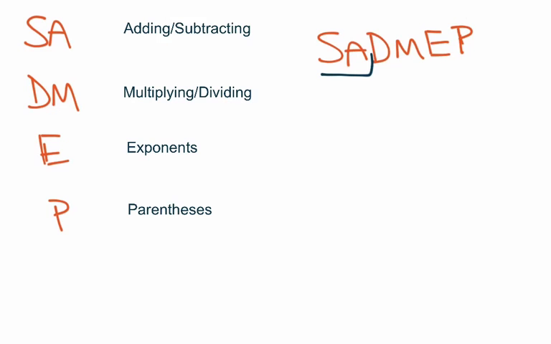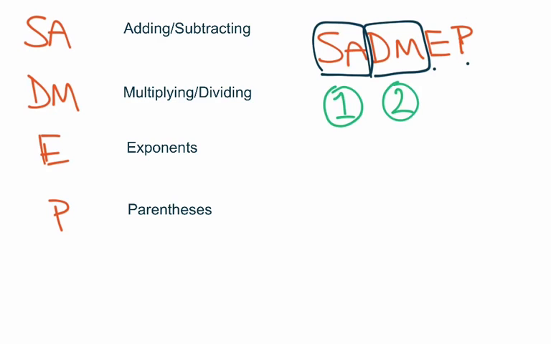So now we're starting with addition and subtraction, then division and multiplication, then exponents, and then parentheses. Notice how it's the exact opposite order. So when there's a subtraction or addition in the problem, we're going to do that one first. Then if there's any division or multiplication, we're going to do that step second. If there happen to be any exponents, we're going to do that step third. And if there are any parentheses, we're going to do that step fourth.